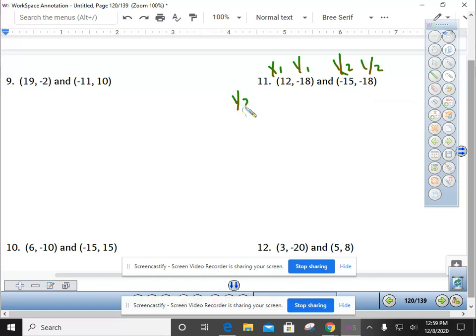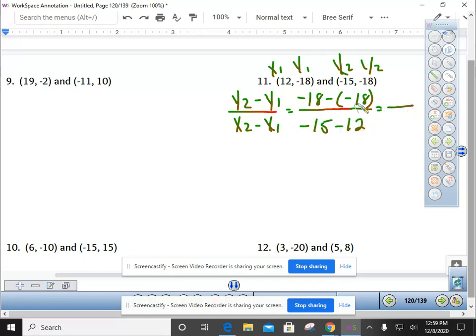Formula: y2 minus y1 divided by x2 minus x1. Y2 is negative 18 minus negative 18, divided by negative 15 minus 12.